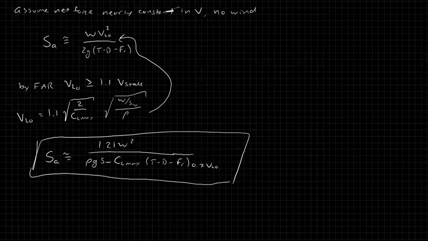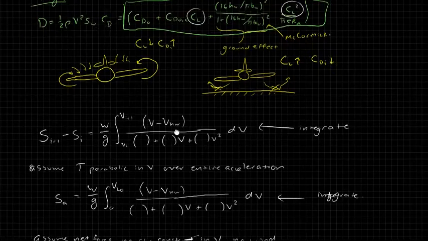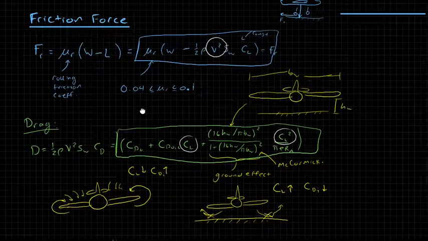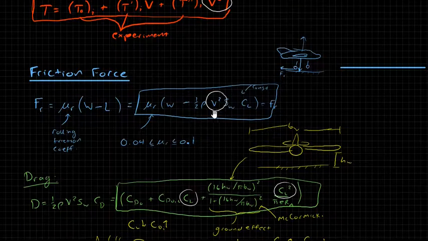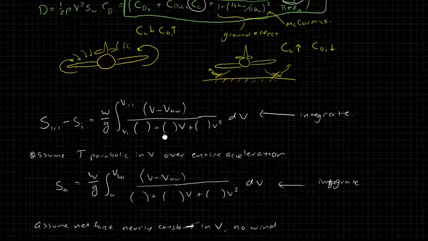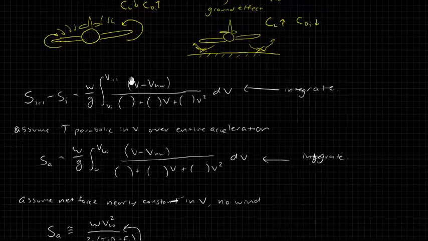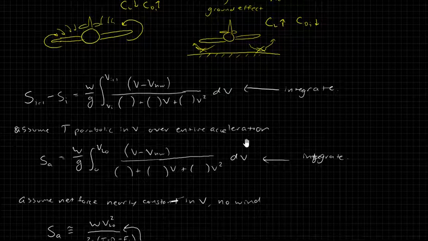Now, just as a reminder, we did this by first assuming that the thrust is parabolic with respect to velocity, and that the friction force and the drag are parabolic with respect to velocity. Using that assumption, we came out with a nicer expression. And then we assumed that the parabolic assumption for thrust, drag, and friction holds over the entire acceleration run.